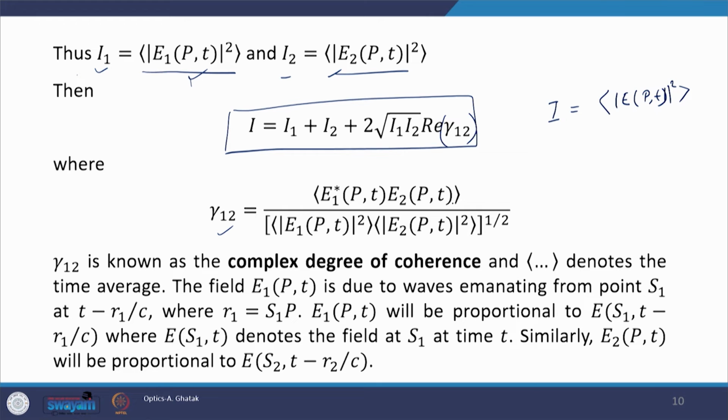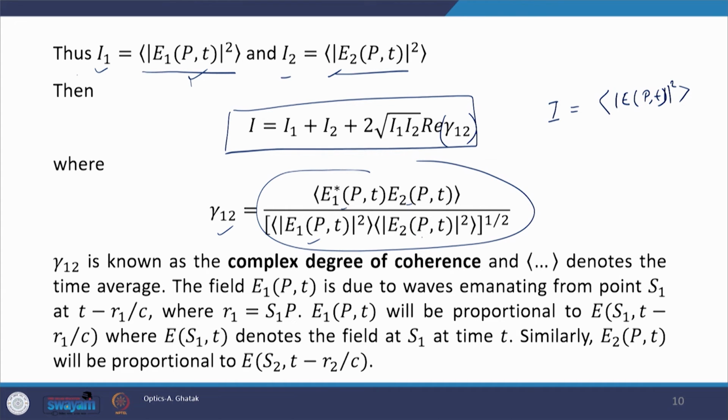Gamma 1 2 is given by this expression. It is the time average of E1 star into E2, and in the denominator we have the square root of the time average of mod of E1 squared multiplied by the time average of mod of E2 squared.